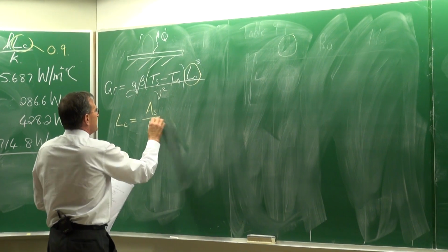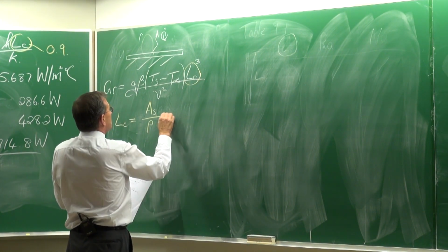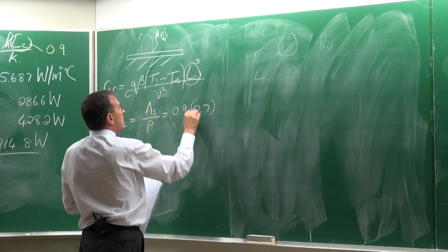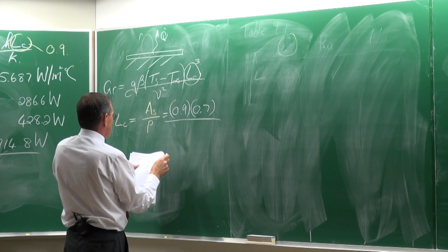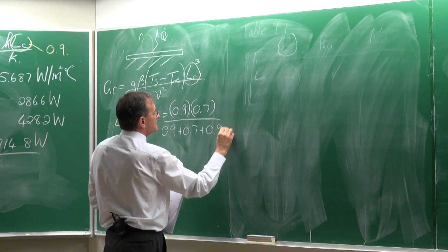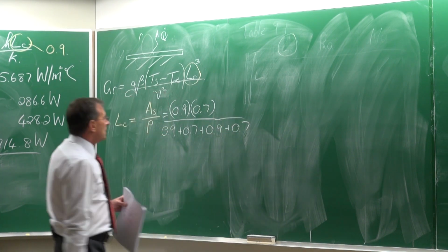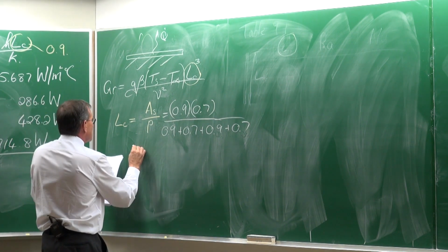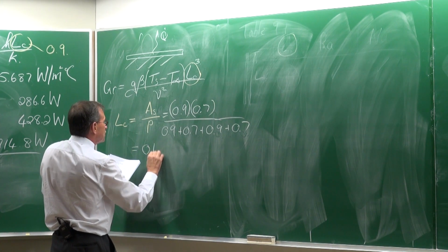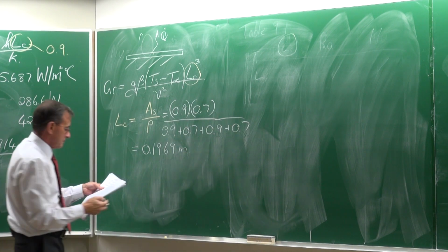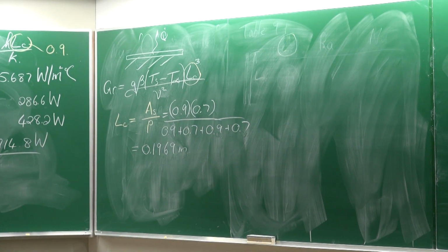The surface area is equal to 0.9 multiplied by 0.7, and the perimeter is 0.9 plus 0.7 plus 0.9 plus 0.7, 2 times 0.9 plus 2 times 0.7. And then the characteristic length is now much smaller. It is equal to 0.1969 meters. You see that?